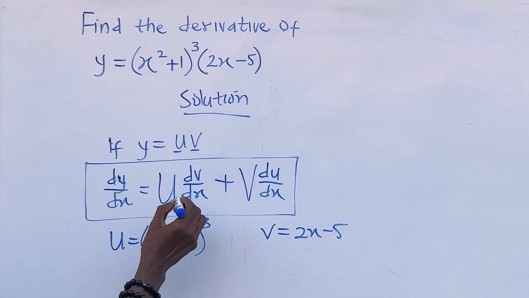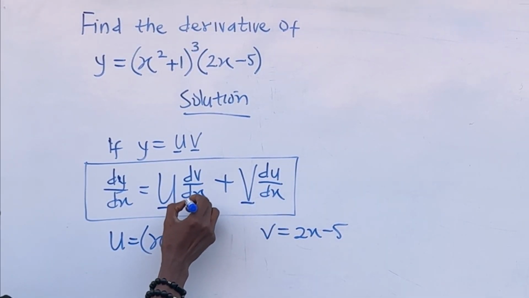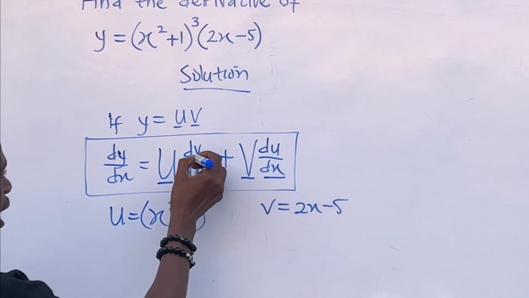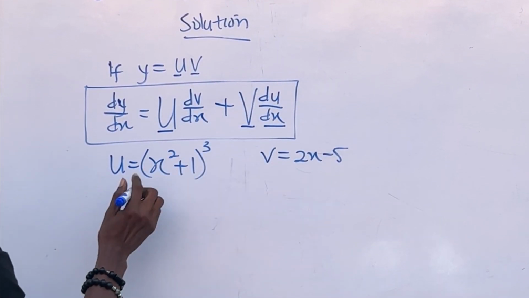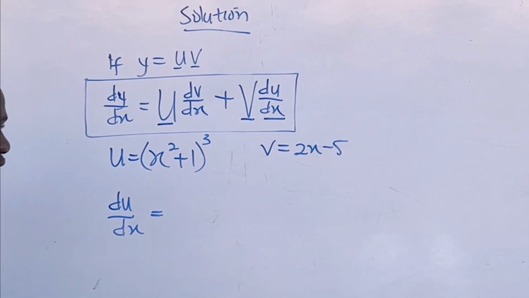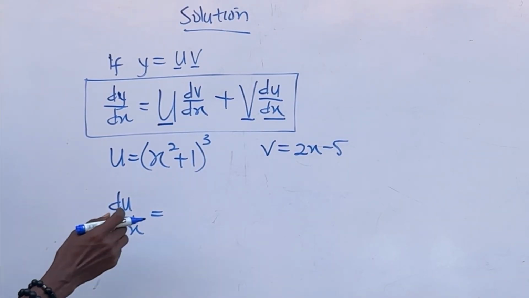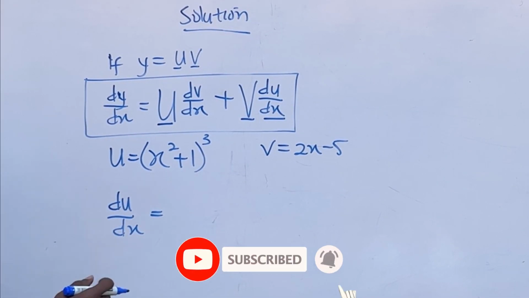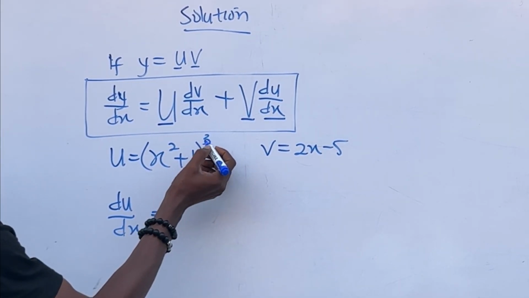Now we know our u and v. Now let's find our du dx, that's differentiating the first with respect to x. To differentiate this, we're also going to apply the chain rule, but I will do it straight.